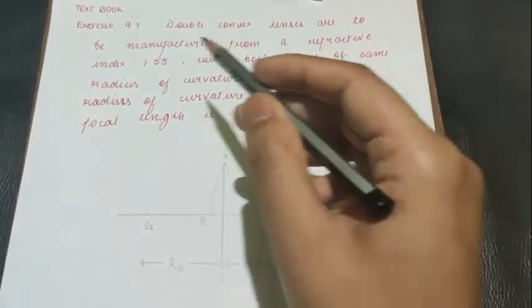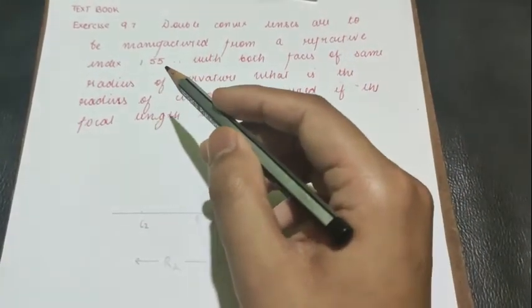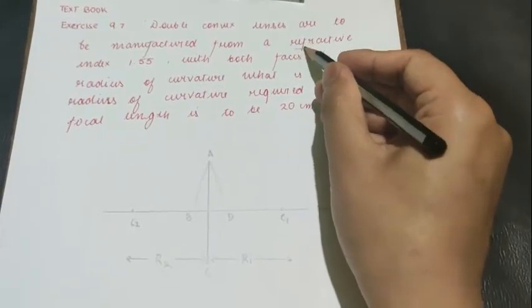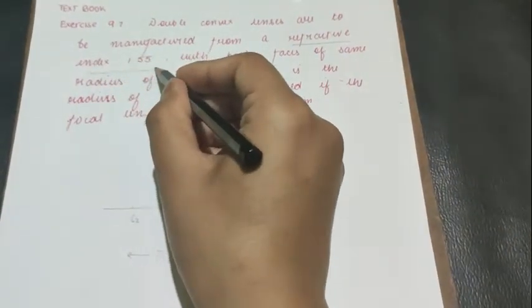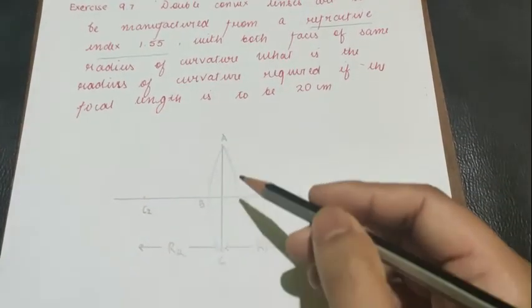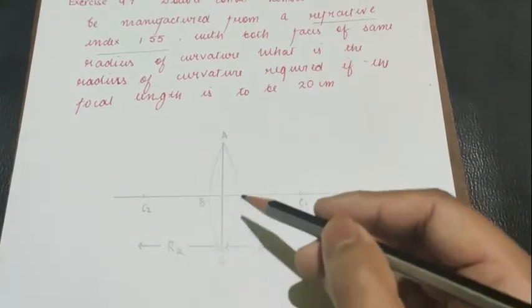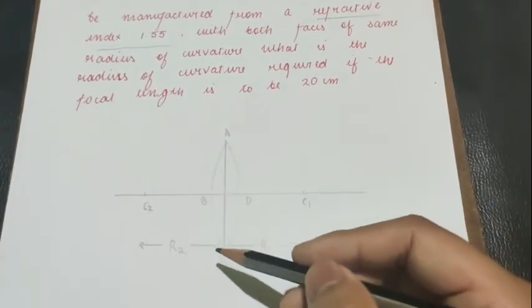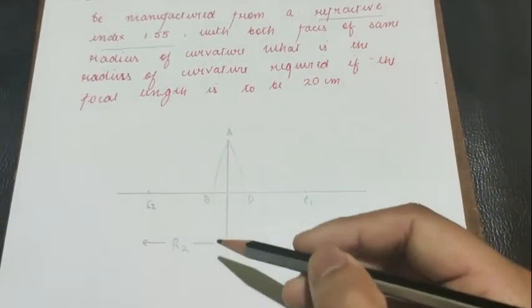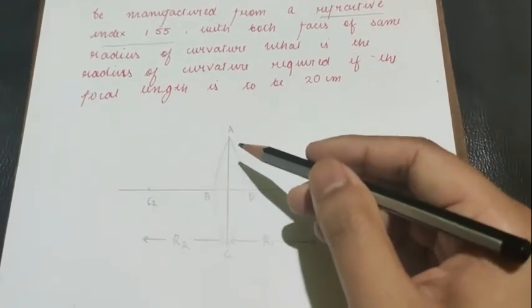Okay. Now let us look into the question and try to sort out the details given here. Double convex lenses are to be manufactured from a refractive index 1.55. Underline your refractive index 1.55. What does this mean? This double convex lens has to be made from a glass which has a refractive index 1.55.